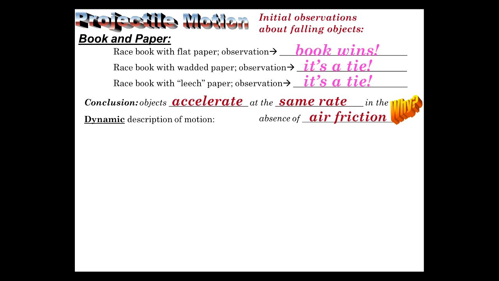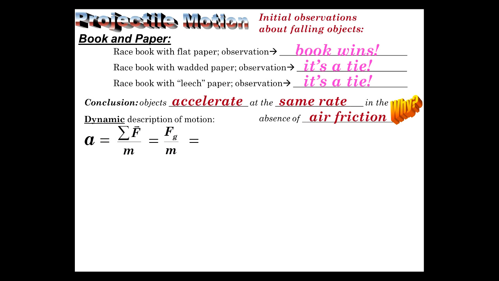I want to show you why and give you a dynamic description of that, namely forces. So we know that a is the sum of F over m. Well, what is the sum of the forces acting on the book, or any object for that matter? And again, we're not worried about air friction at this point. Let's eliminate it. Then the sum of the forces, there is only one, and it's gravity.